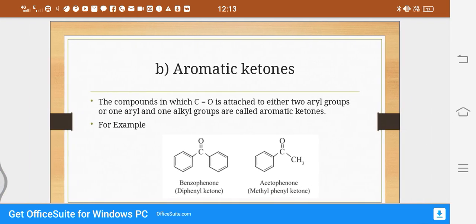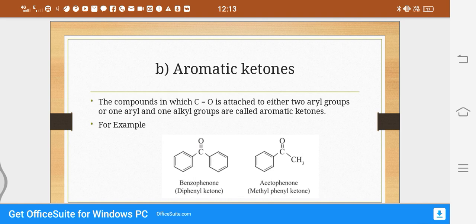Then second, aromatic ketones. The compounds in which carbon double bond oxygen is attached to either two aryl groups or one aryl and one alkyl group are called aromatic ketones.